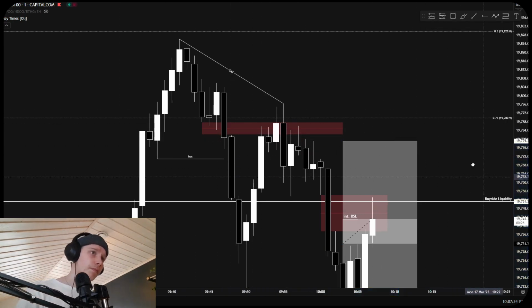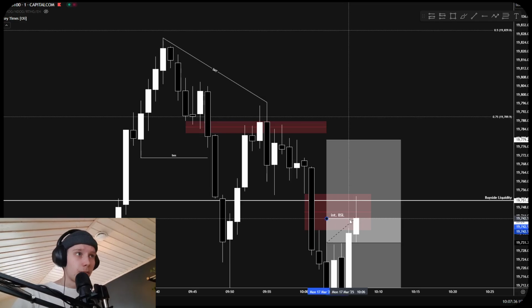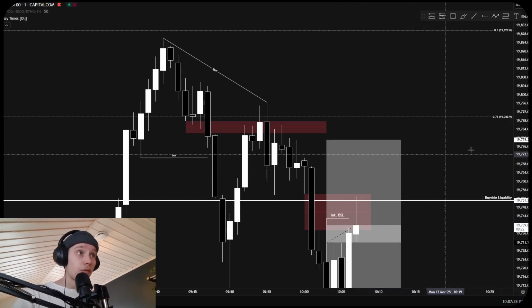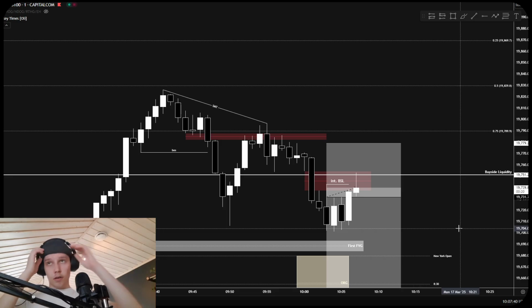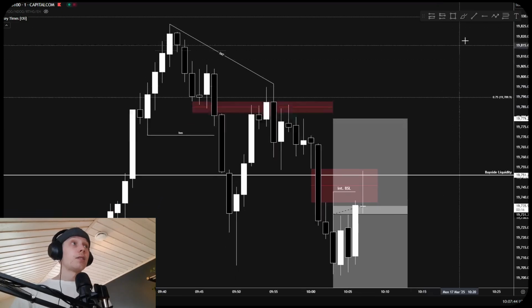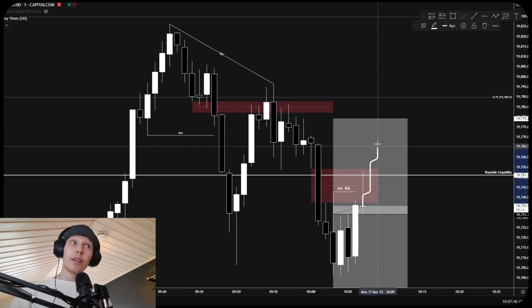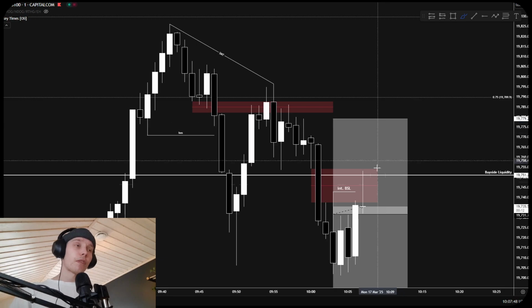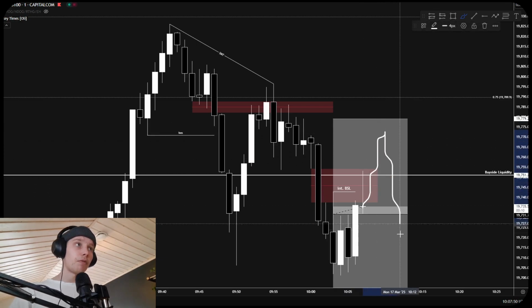I've explained this in multiple of my videos, but if I'm expecting high resistance liquidity run days and choppy days, price could put a very large retracement before actually moving in the direction.